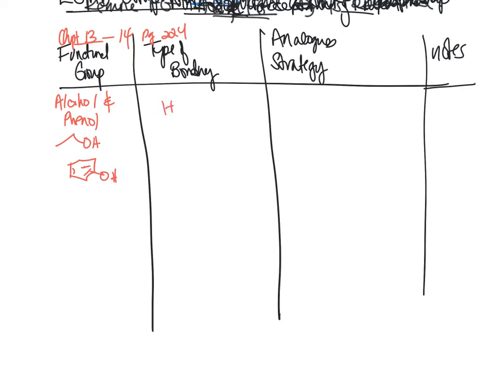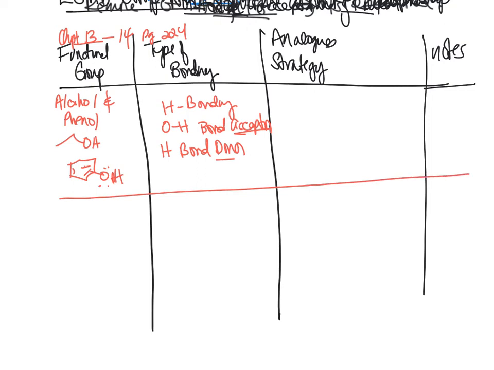What type of bonding does this do? This does hydrogen bonding. It can be a hydrogen bond acceptor, or it can be a hydrogen bond donor, because it has the hydrogen there. It also has the lone pairs on the oxygen, so it can be an acceptor or a donor.